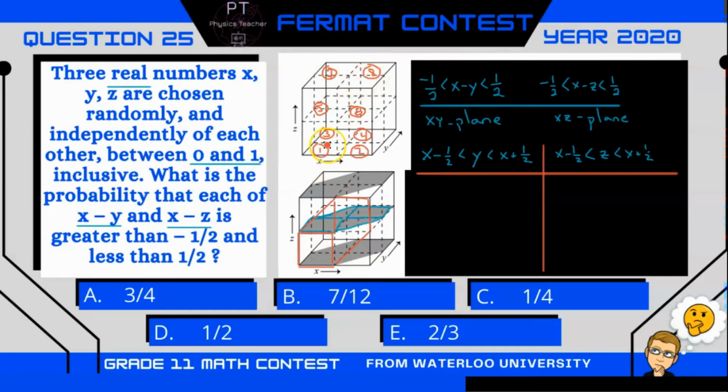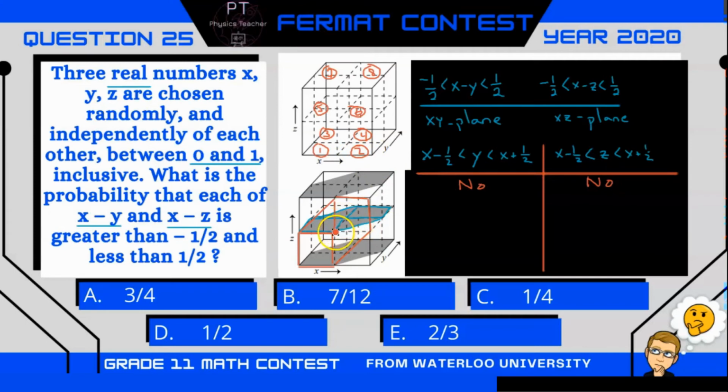Now if we're looking at number 1, looking at the slice on our xy plane, it does not get sliced at all. So let's just write no. And if we're looking at number 1 again in our xz plane, once again, no, it does not get sliced. And what about number 2?